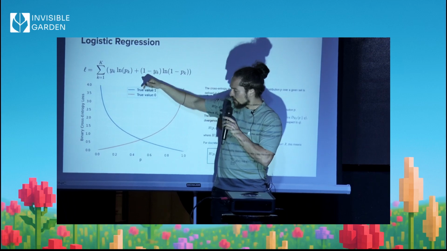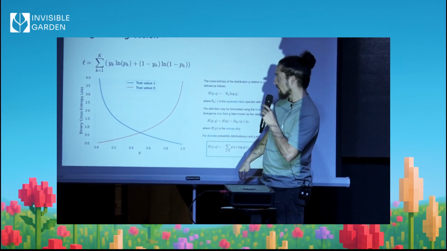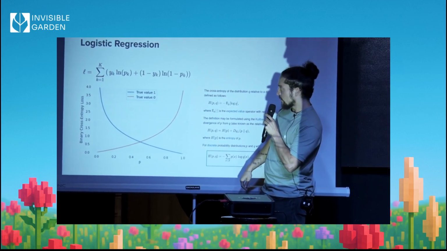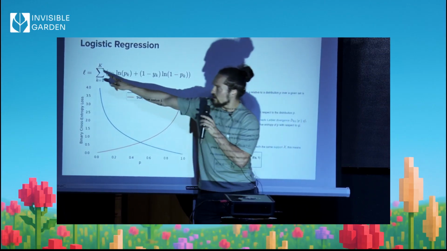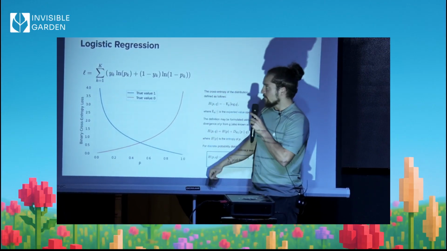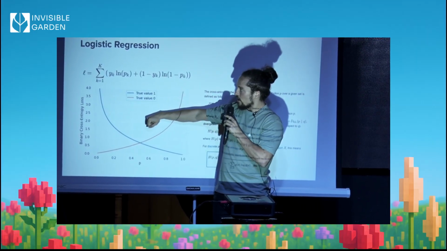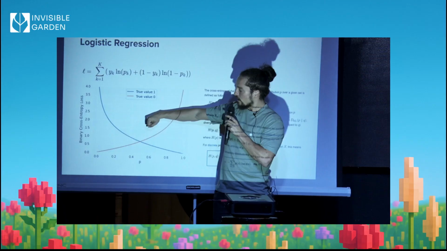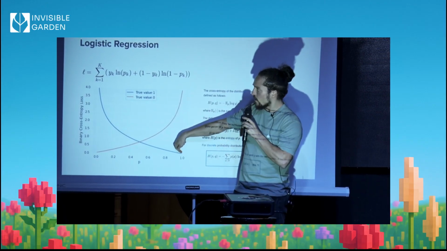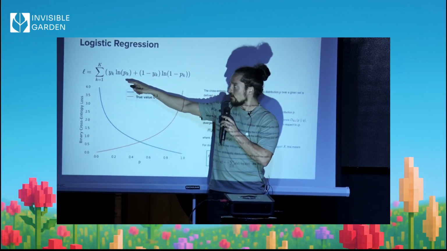If you try to minimize this, there might be a minus sign missing here, you're going to push your model to predict a 1 when y_k is a 1.